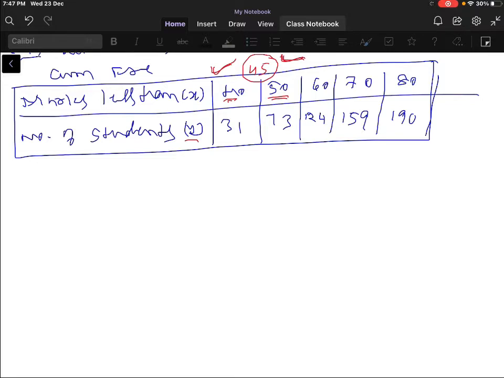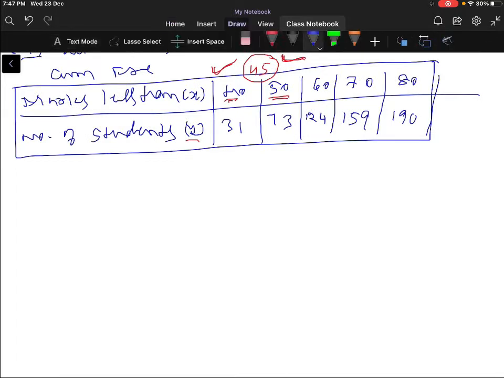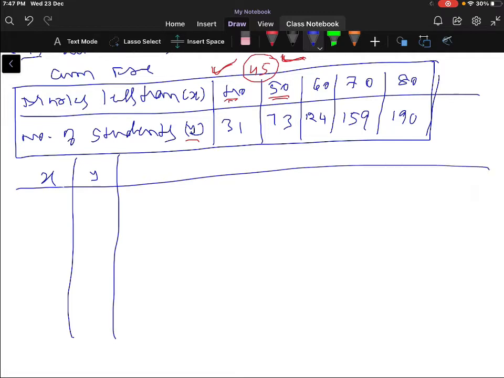Now let us construct the forward difference table. In the first column, take the x values. In the second column, let us take the y values. So x values are less than 40 marks. There are 31 students. Less than 50 marks, there are 73 students. Less than 60 marks, there are 124 students.